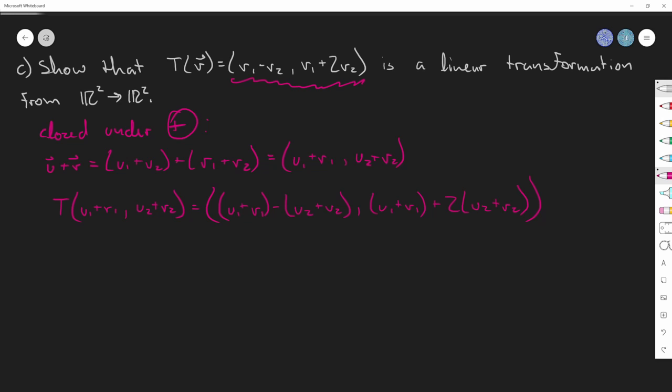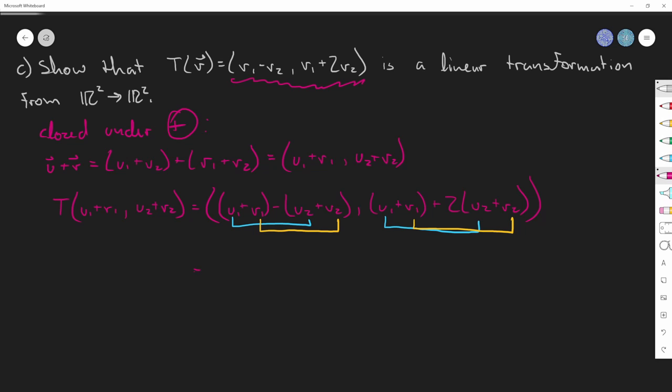Cool. So here's what we can do now. Because addition in general is commutative, we can put these two together and put these two together. Same thing goes with the other one. You can put these u's together, combining similar terms.